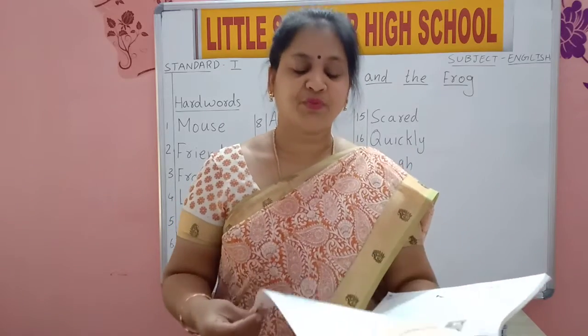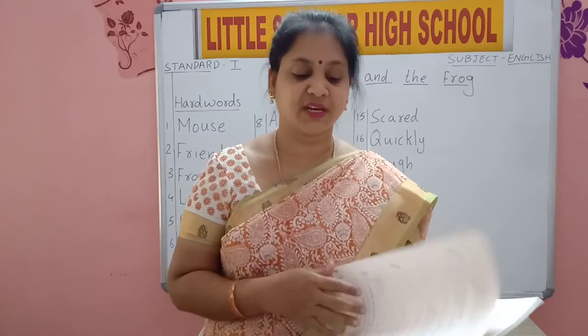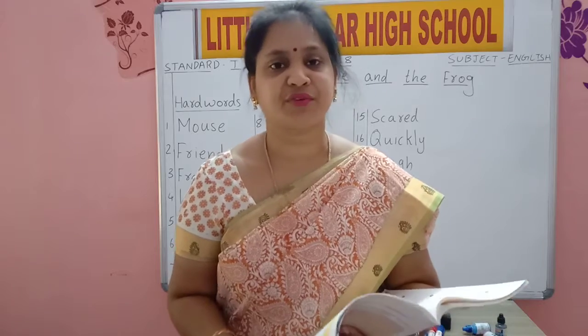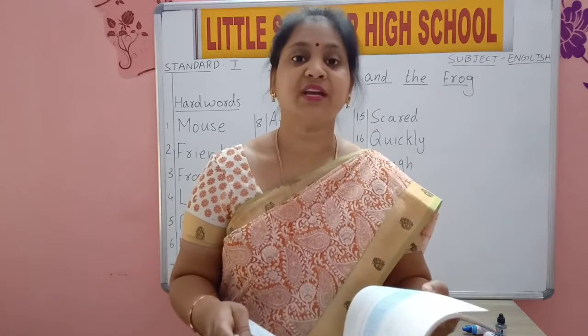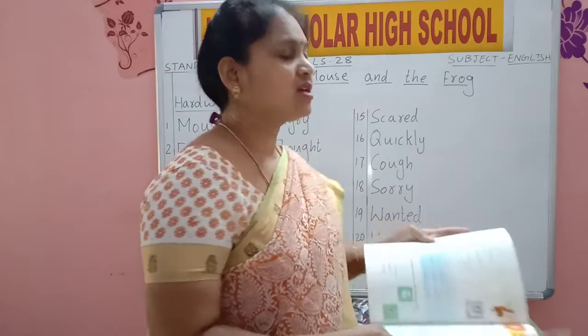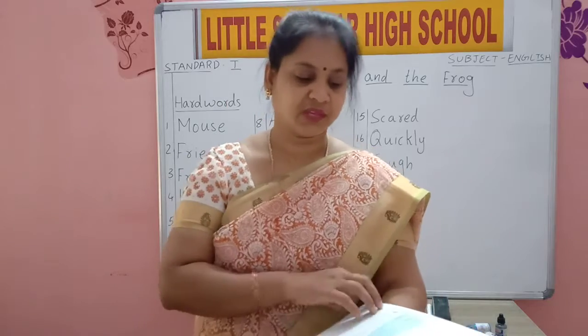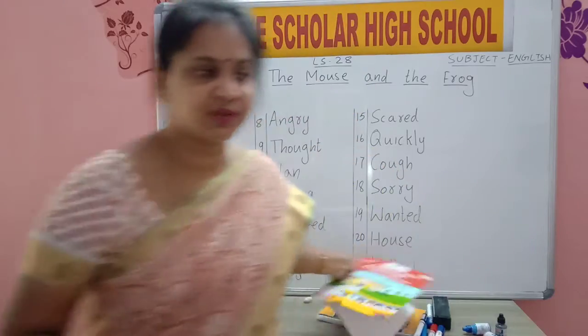Understood? When you play with your friends, you go to your friend's house, and your friends come to your house. But here what happened? Every day only the frog used to come to the mouse's house to play with the mouse, to talk with the mouse. But the mouse never came to the frog's house.